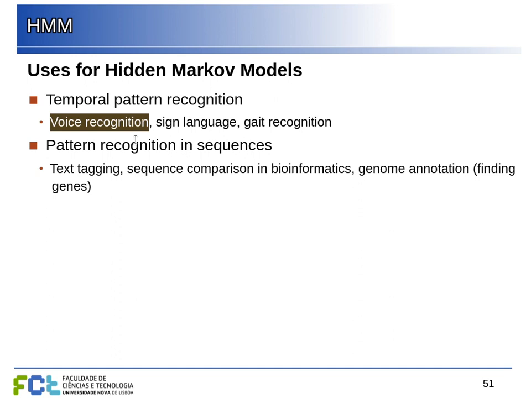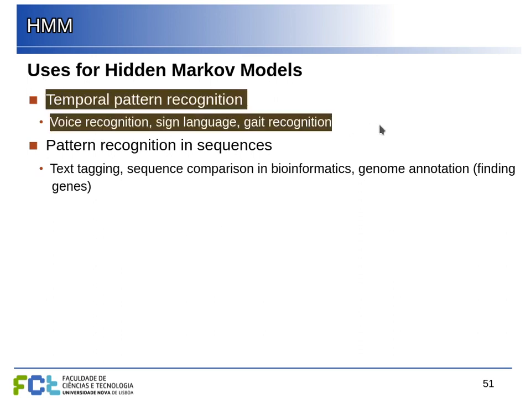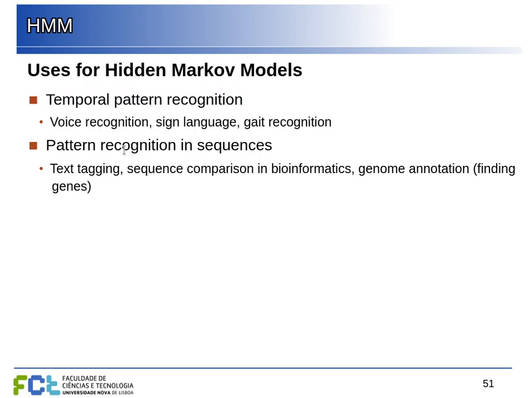And this will depend not only on the sound wave itself, what we are observing, but also on what the previous word was, because these state transitions also have some probability. And this is a good thing for voice recognition, because usually in a sentence the words are related in sequence. This has also been used to recognize persons by the way they walk, for example, and it's not only for patterns in temporal data, but also patterns in any sequential data.